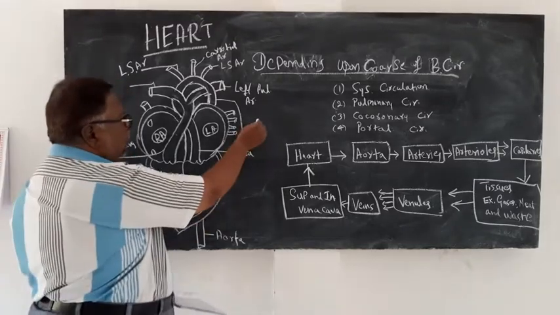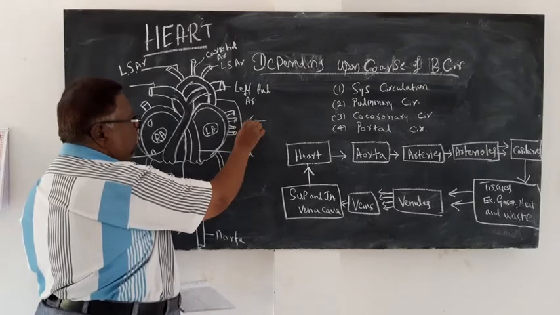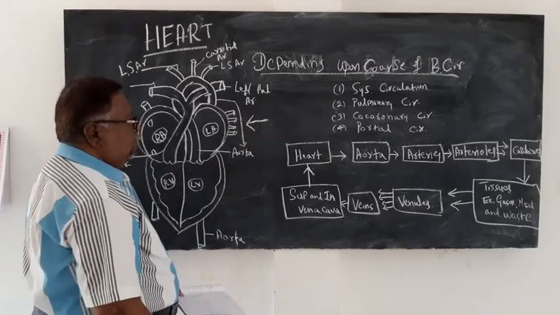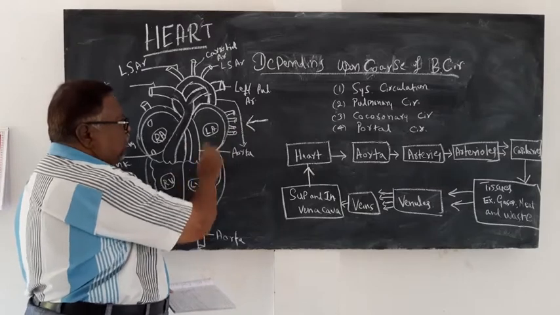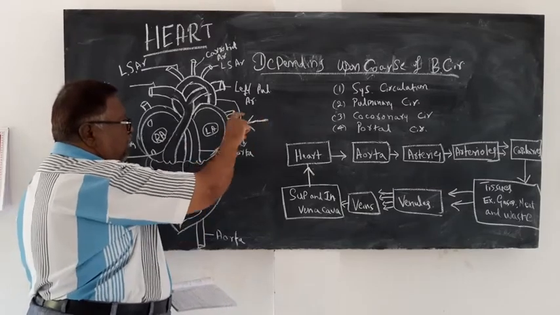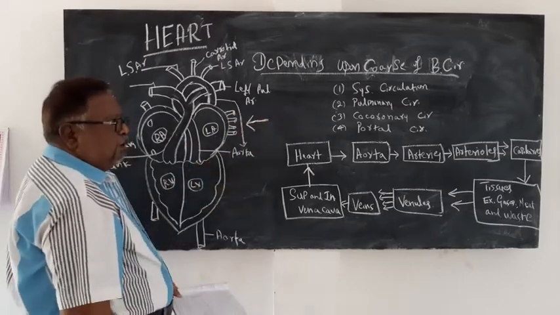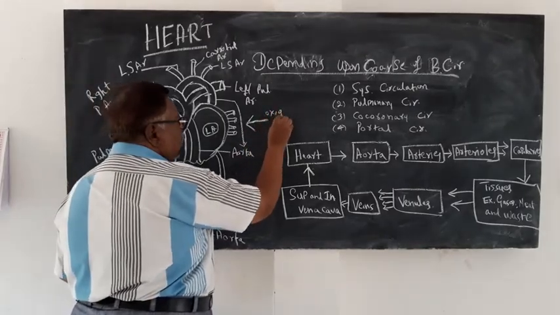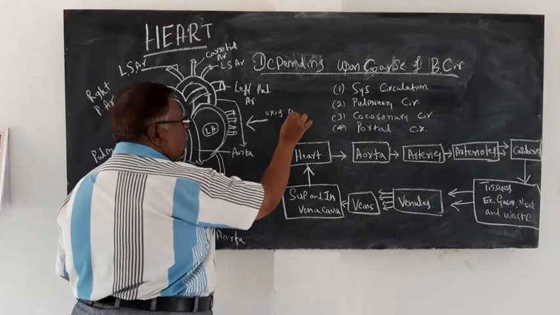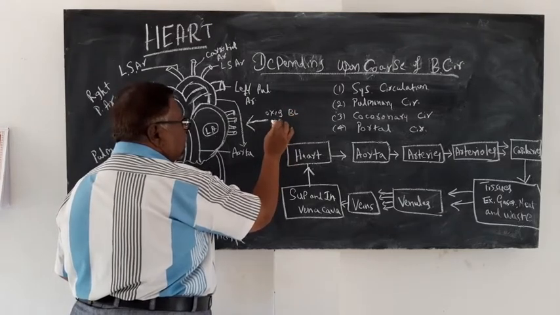The blood from the pulmonary veins, these are the pulmonary veins which open in the left auricle, brings the oxygenated blood from the lungs.